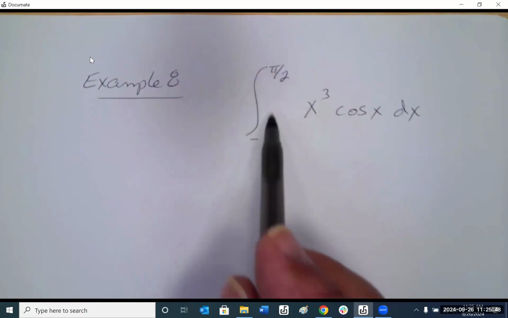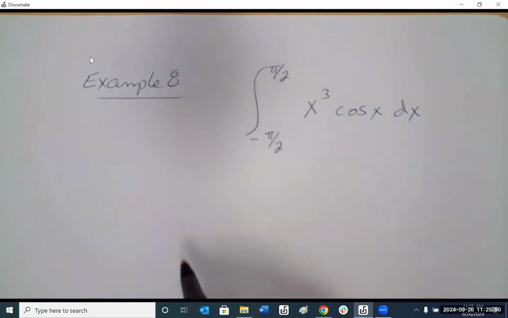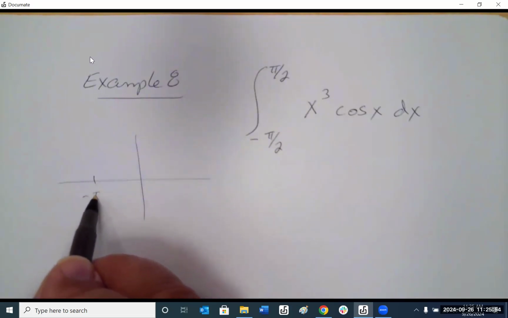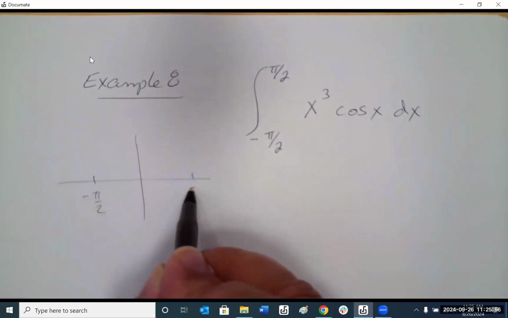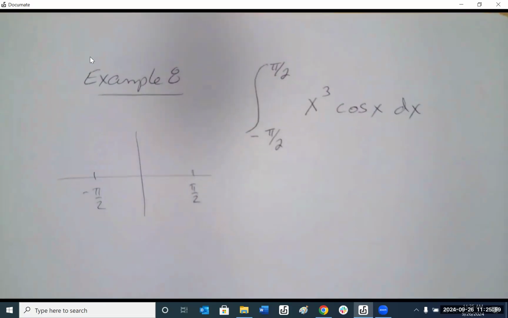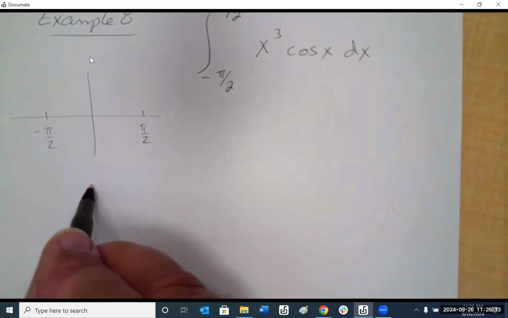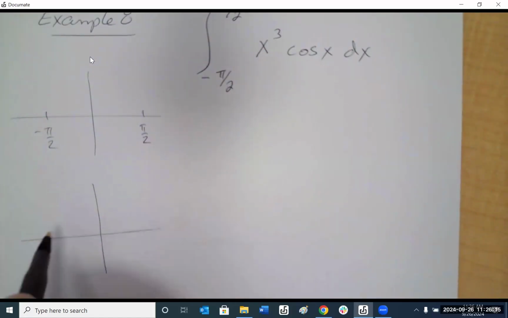Here's the clue right here. It's saying from negative pi over 2 to pi over 2. There's a property that we discussed in calculus 1 that says this.